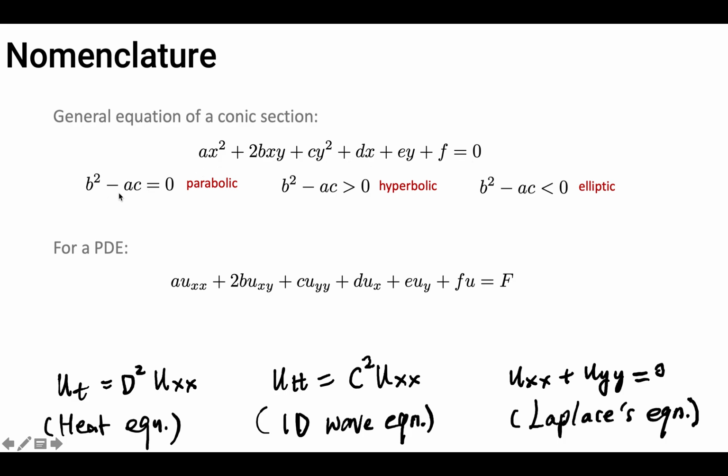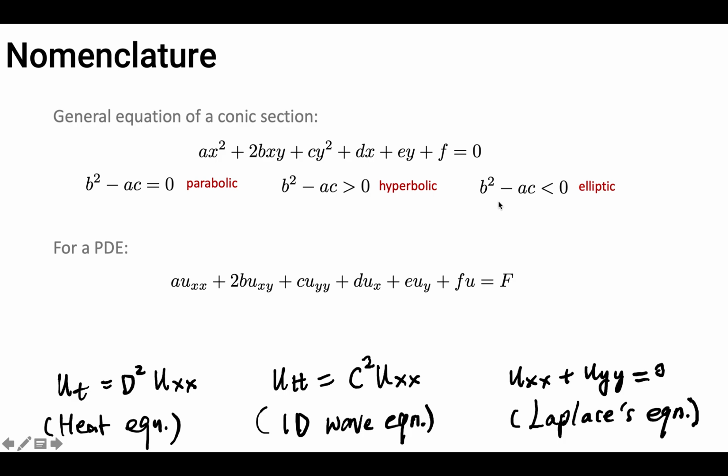And in particular, you may have seen that if in this equation b squared minus ac equals 0, it describes a parabola, and we'll say this is a parabolic curve. And if b squared minus ac is positive, it describes a hyperbola. We'll say it's a hyperbolic curve.